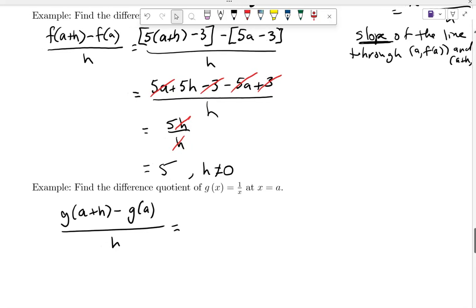The g of x is 1 over x, so g of a plus h is... Again, what do you do with what's in the parentheses? Plug it in for x. So what is g of a plus h? 1 over a plus h. Good. What's g of a? 1 over a, all over h.